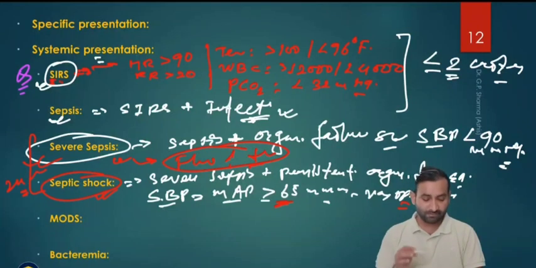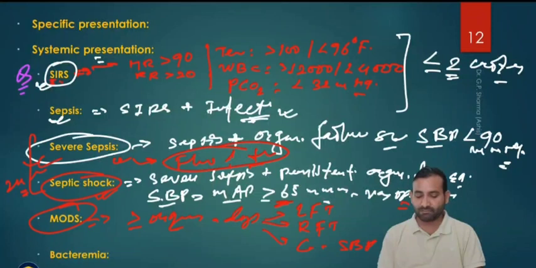Hope you understand, right? After that, MODS, multiple organ dysfunction syndrome. Multiple organ means two or more organs dysfunction. Dysfunction may be an abnormal liver function test, an abnormal renal function test, or cardiac function like systemic blood pressure or mean arterial pressure decrease.